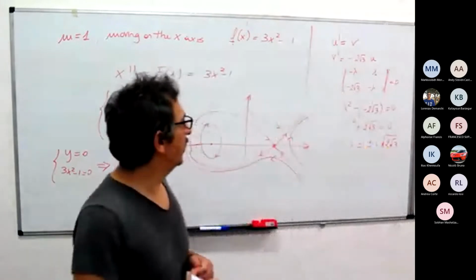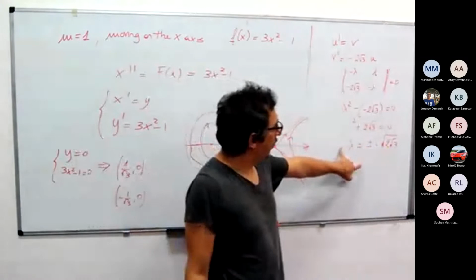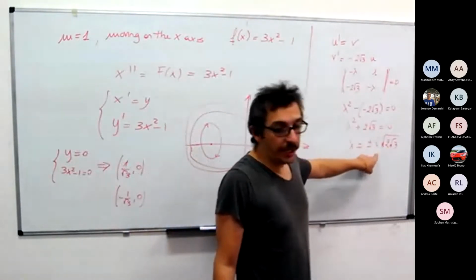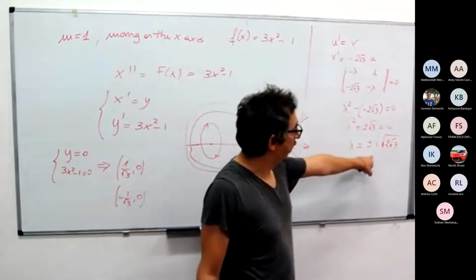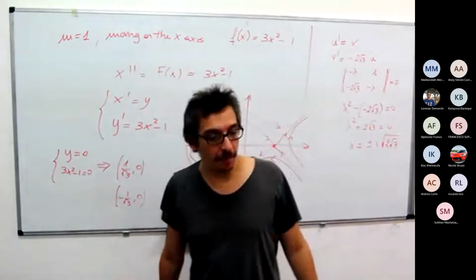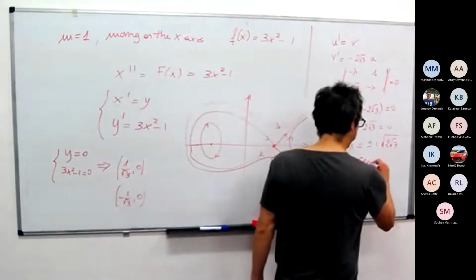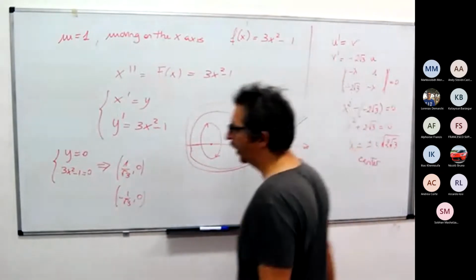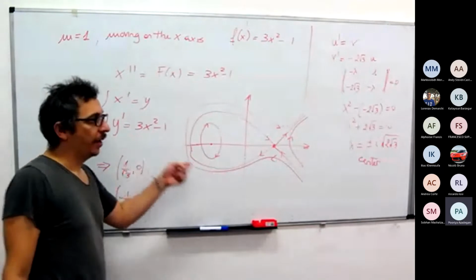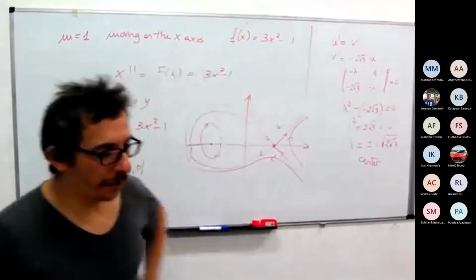So what does this tell me? This tells me that the two eigenvalues are purely imaginary numbers, and eigenvalues that are purely imaginary correspond for the linear system to a center. What can we tell for the nonlinear system? Well, this is the Poincare theorem.